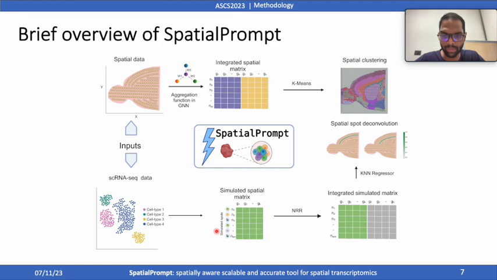Like I mentioned, from the scRNA-seq data we simulate the spatial data, and as we simulated this data, it also has known cell type proportions. Using both of these, with non-negative Ridge regression, we calculate this integrated simulated matrix, and on top of this integrated simulated matrix we apply a KNN regressor to perform spot deconvolution.